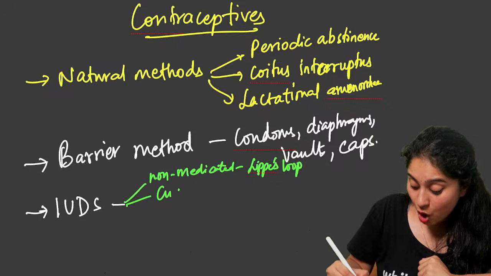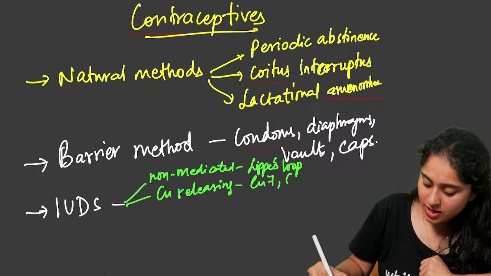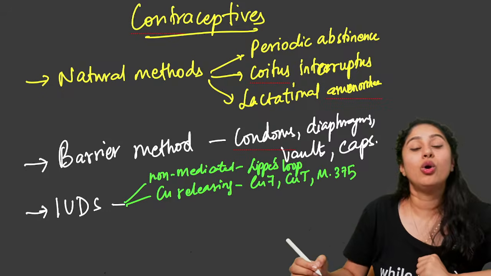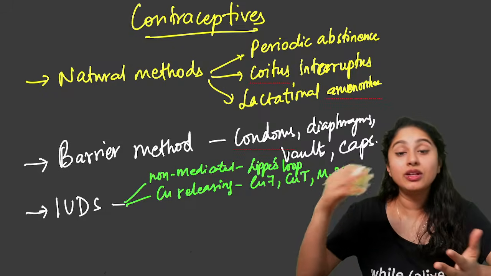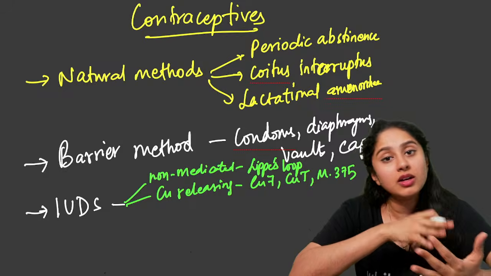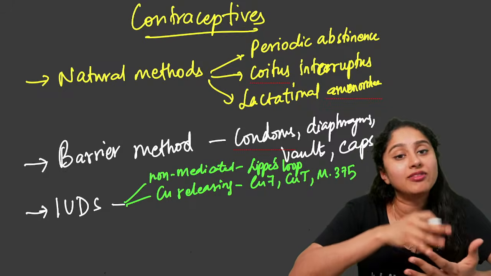Then we have the copper releasing ones: CU7, CuT or Multiload 375, all of which release copper. It will interfere with the fertilizing capacity of the sperm and also with the motility of the sperm. So the sperm cannot climb up and fertilize the egg.